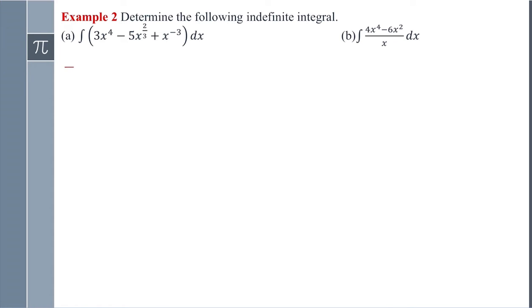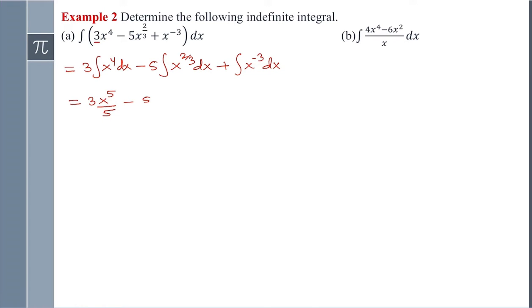We can pull that constant out. So 3 times the integral of x to the fourth dx, minus 5 times the integral of x to the 2/3 dx, plus the integral of x to the negative 3 dx. For that one, the integral of x to the fourth is x to the 4 plus 1, which is 5, divided by 4 plus 1, which is 5.